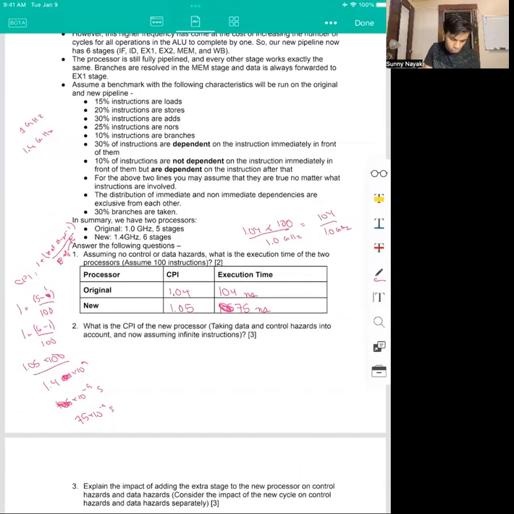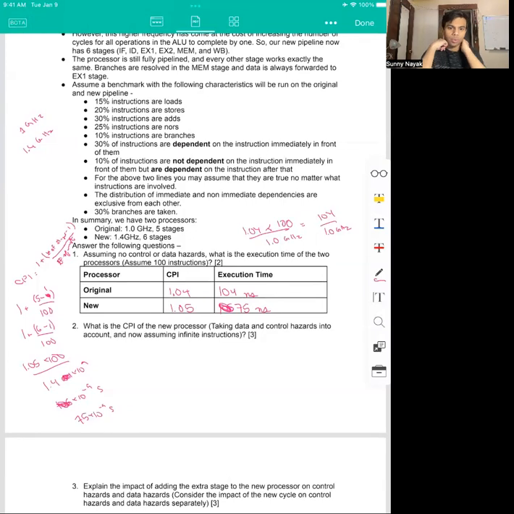Then it asks, what's the CPI of the new processor taking data and control hazards into account? Now we have to consider how our changes to the pipeline create new hazards or affect existing ones.